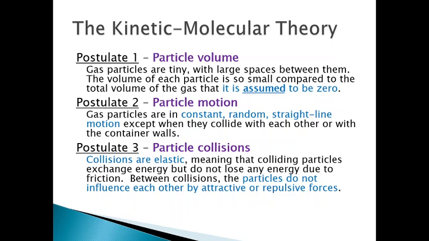But in order for all of our lives to make a whole lot more sense and be easier, we have to accept postulates 1, 2, and 3 as correct, again huge assumptions, but it just works out to our advantage that the ideal gas laws, luckily, account for all of these instances as well.